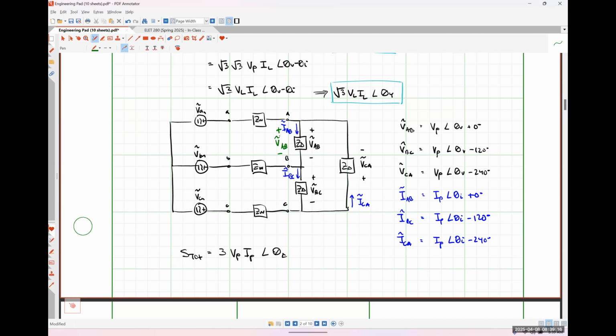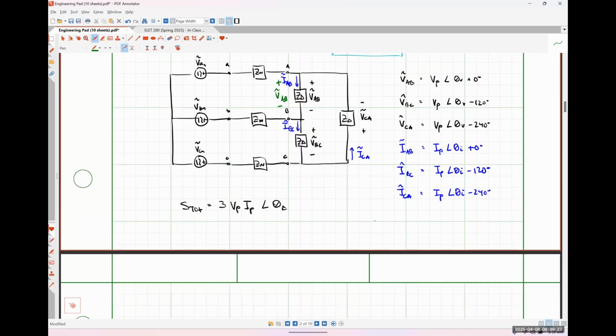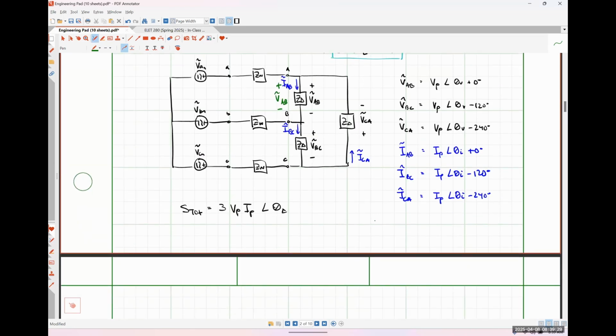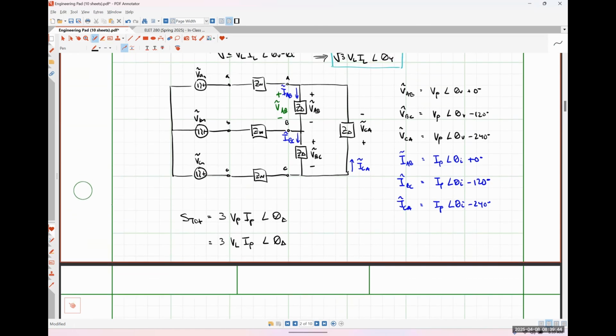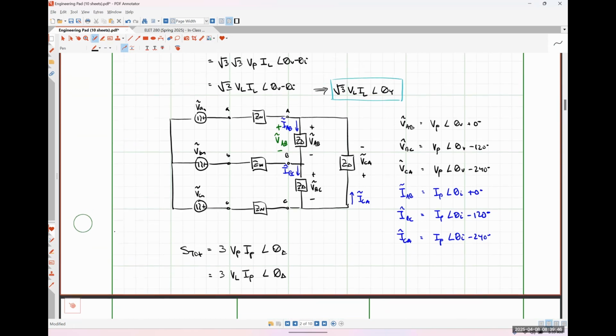We mentioned this a couple of class meetings ago. In a delta connected anything, the phase voltages and the line voltages are identical to each other. So I could replace that VP with a VL. So that would look like 3 times VL IP angle theta delta.